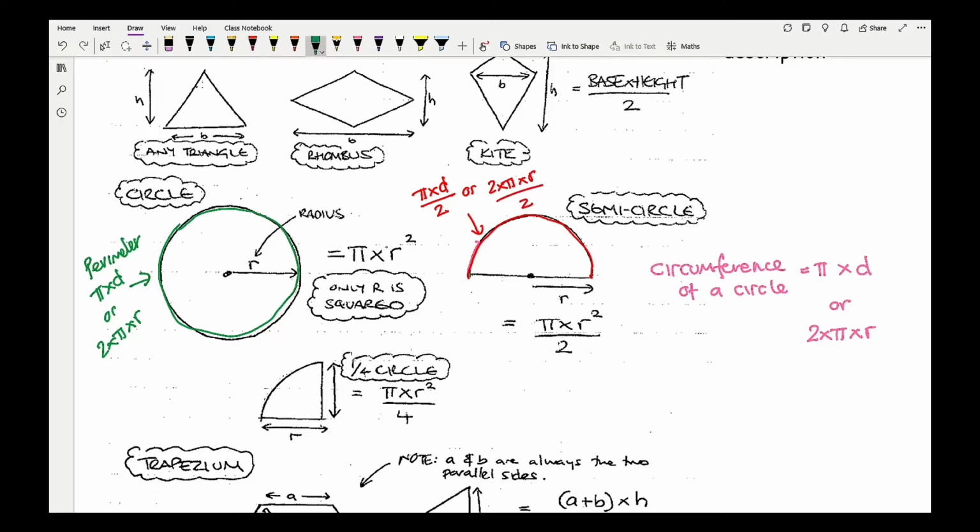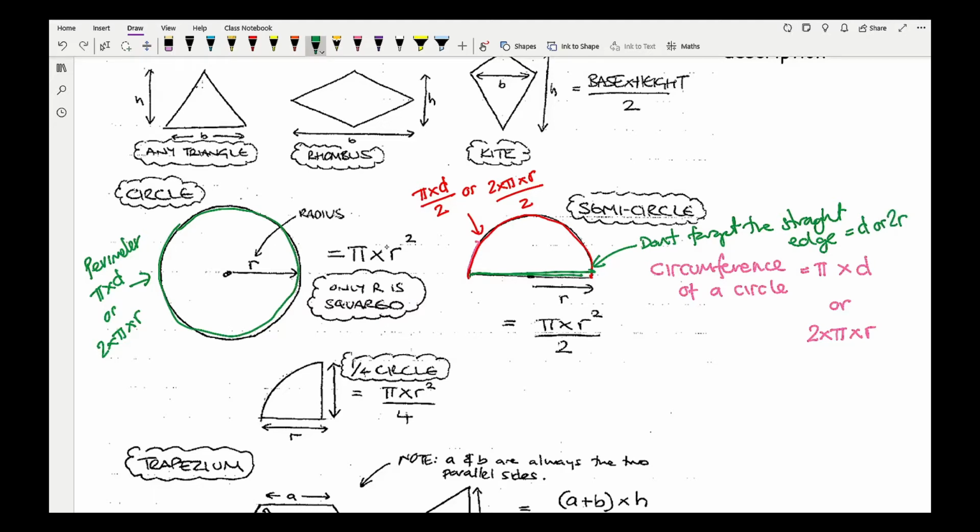Now, the key thing to remember when you're working out the perimeter of a semicircle is don't forget this straight side. So it's always important that you don't forget the straight edge. And that straight edge is either going to be d, the diameter, or 2 lots of r, which would be 2 lots of the radius.